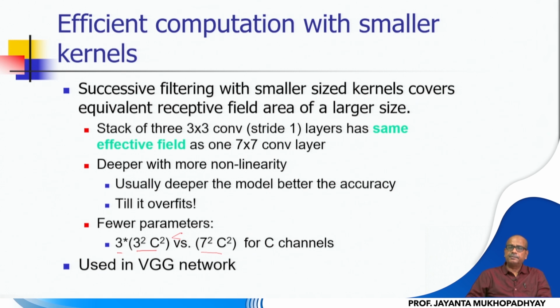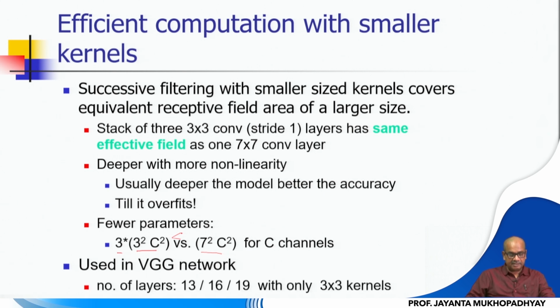This is just a typical example, and you can consider the same argument for any other sizes. Now, this principle is used in a particular type of network, which is very effective, popular, and used in various applications. This network is called the VGG network, and there are several variations of it depending upon the number of layers. As I mentioned, the size of the training data set should be appropriate for handling that many layers.